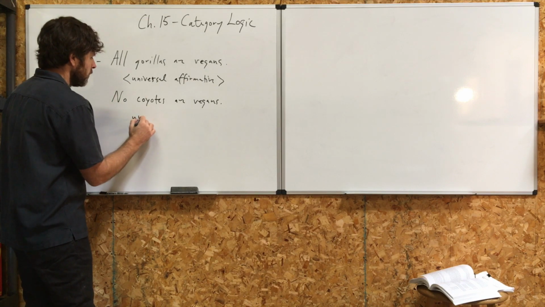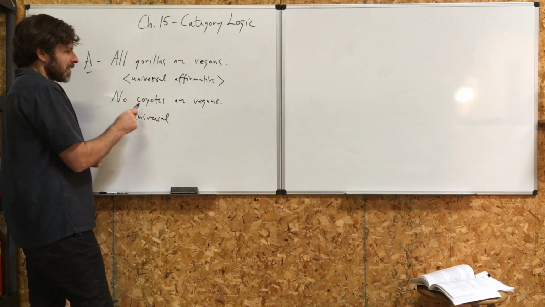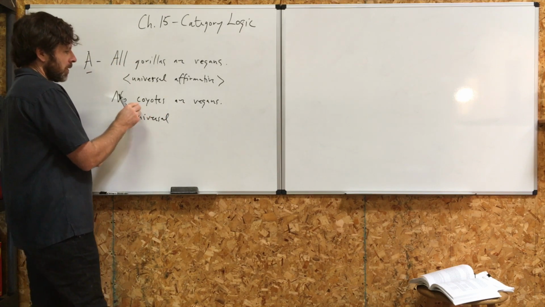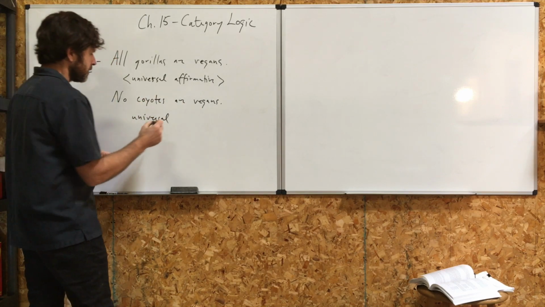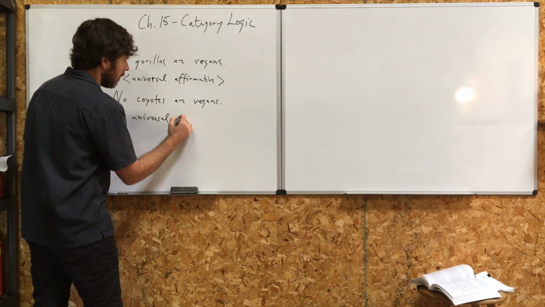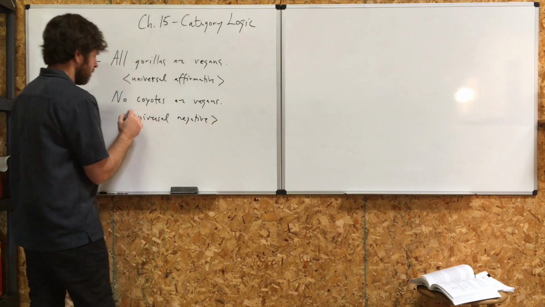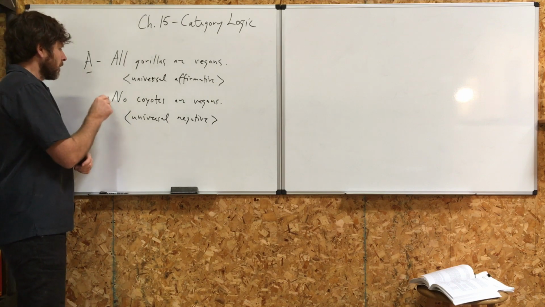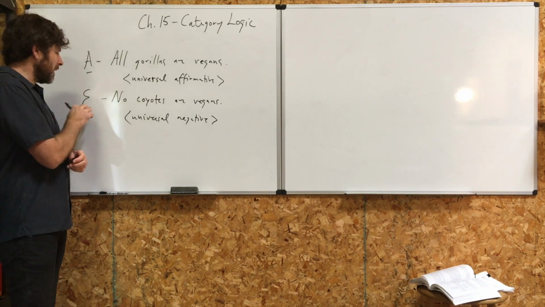So that is a universal statement. But it's excluding coyotes, the set of coyotes, from the set of vegans, so to speak. So we would call this universal negative. And this is labeled E, an E statement.